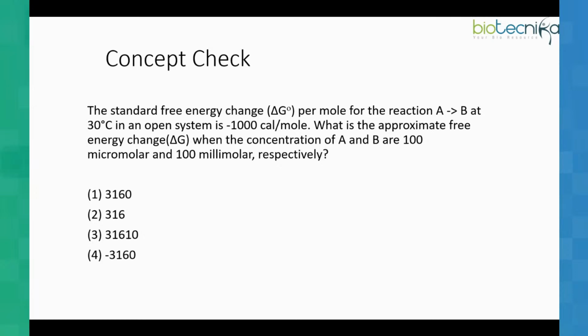All right. So this is your concept check and your homework. You have to give me the right answer. This is also based on thermodynamics. I'll just give you a hint: the free energy change is given as minus, and that too in calorie per mole.